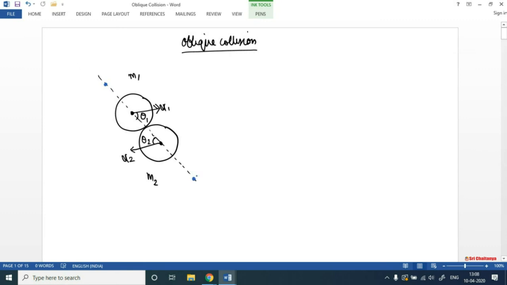So the idea to solve this problem is, say, condition after the collision, this is moving with some velocity v1 and this is moving with some velocity, let's take the opposite direction over here.